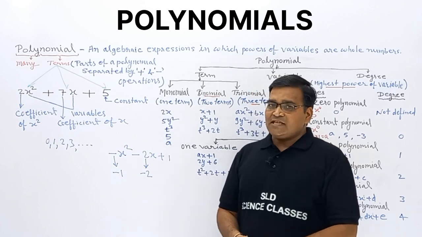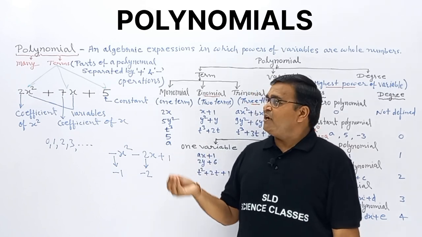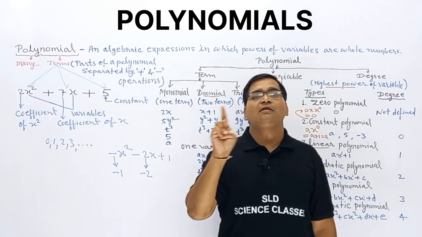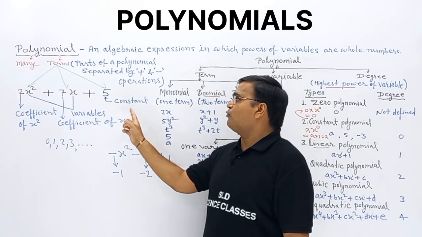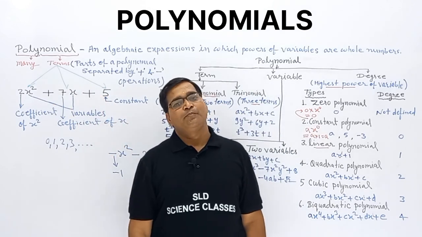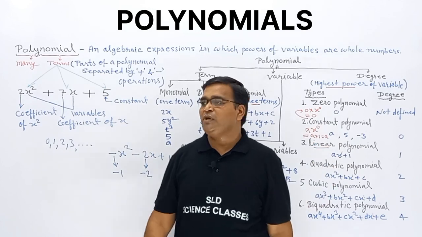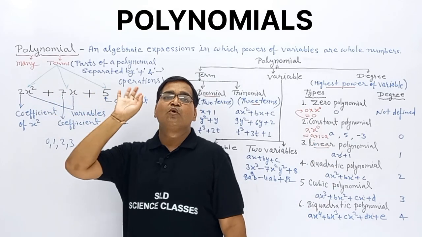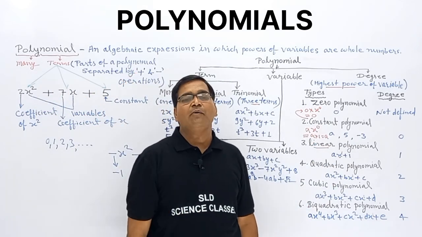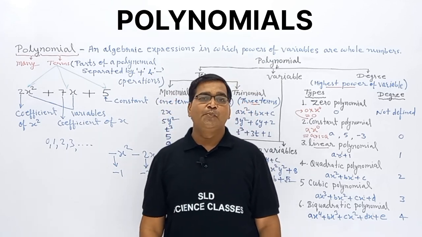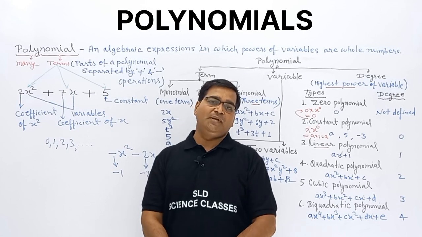So I am revising again for 2 to 3 minutes what we studied in this class. Polynomials means many terms, and terms are separated by plus and minus. They are algebraic expressions with variable powers that are whole numbers. Negative powers and fractional powers will not be considered in a polynomial, and they will not be polynomials.